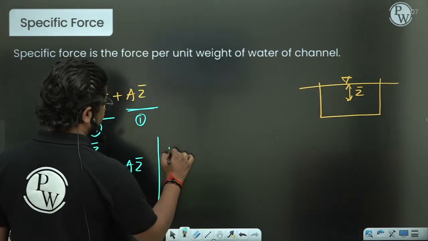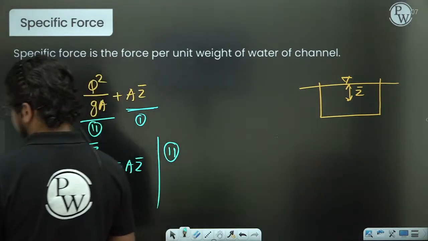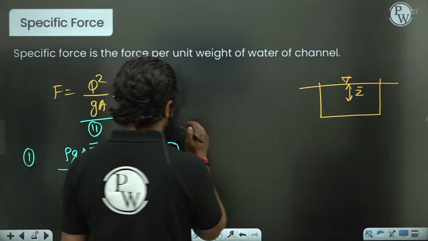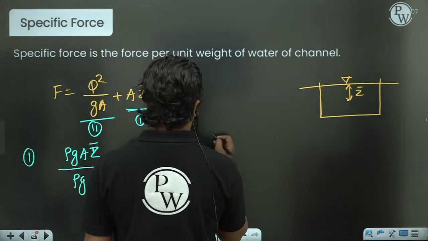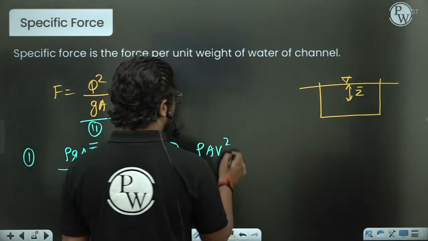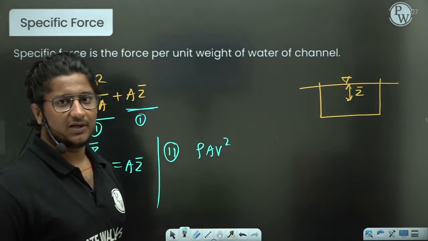First part is over. Look at the second part. You all know one formula, the impact of jet formula. If you have not studied, you will definitely study it in impact of jet. Rho a v squared is the force because of impact of jet.